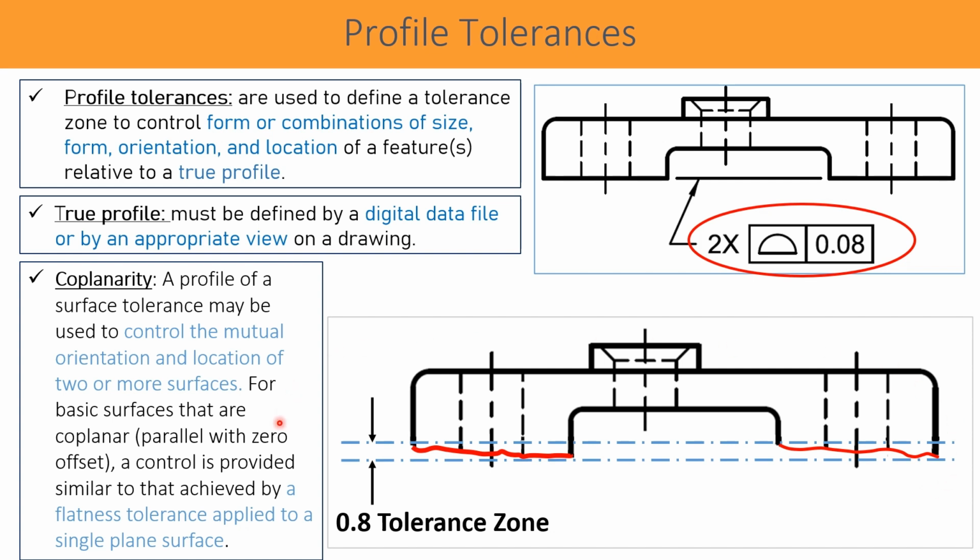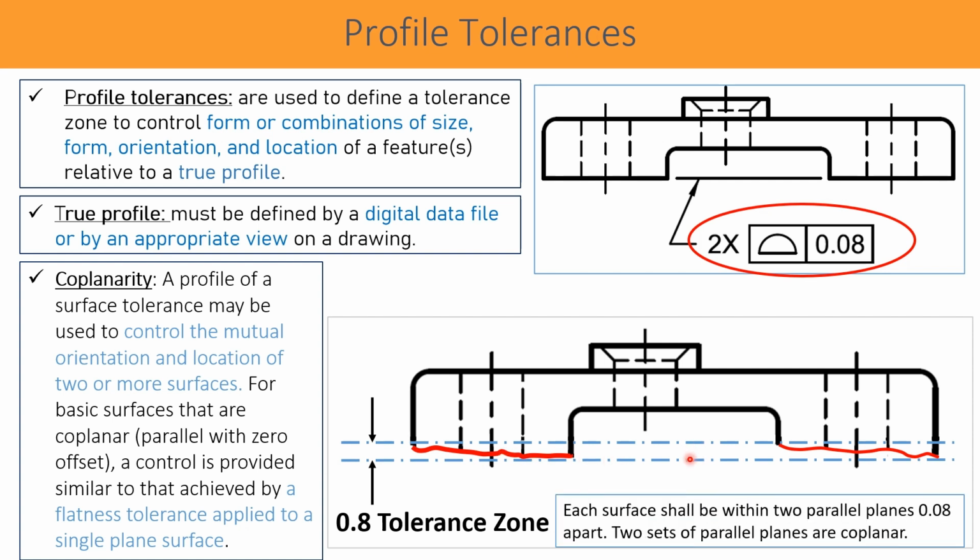In this figure, we observe that because of the true or nominal flat surfaces with zero offset, a single tolerance zone of two parallel profile planes is created. Each surface shall be within two parallel 0.08 profile planes. Two sets of parallel profile planes are coplanar. Please note that surfaces could be with zero or with offset values.